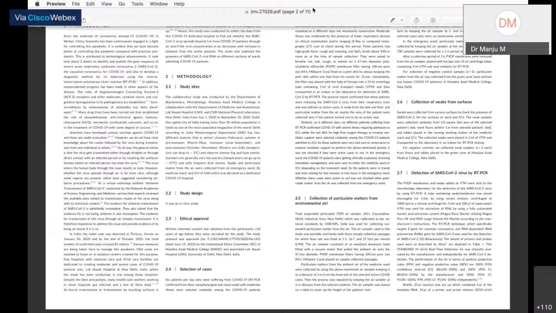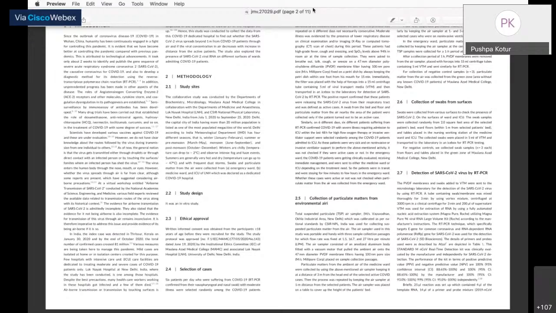Only for that they have used patients, but actually they have not collected the sample from patients. They collected viruses from the air. So it is in vitro, and they have environmental samples. There is no human involvement in that. Yes. Okay.